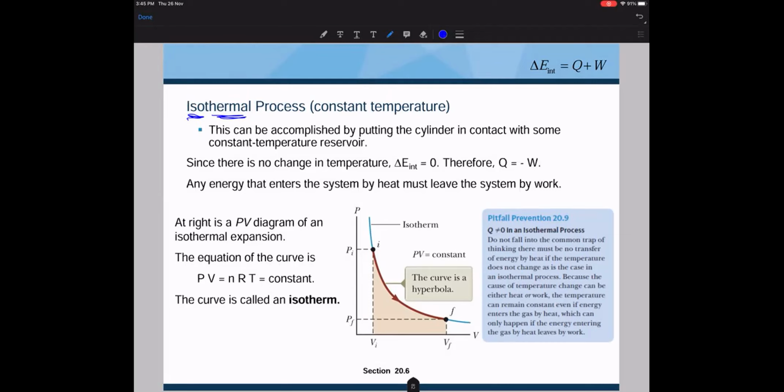In fact, if you have this constant temperature line, you could relate it to, at least for the ideal gas law, PV equals nRT. If the temperature is constant and the number of gas in the system does not change, it is just the hyperbola curve because PV is equal to constant.